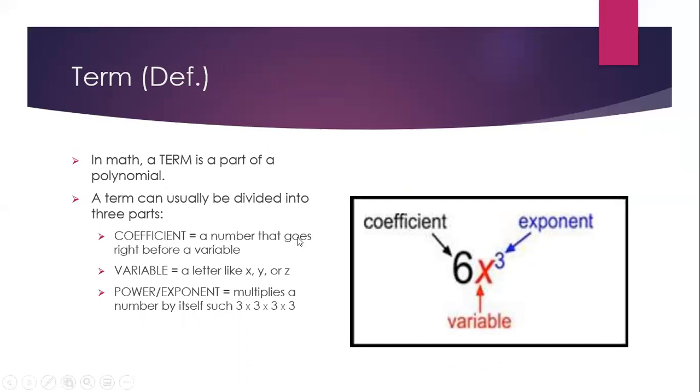All right. A term can usually be divided into 3 parts. The 3 parts of a term. So a polynomial gets split into terms. A term gets split into other parts. And the parts are called a coefficient, a variable, and an exponent.